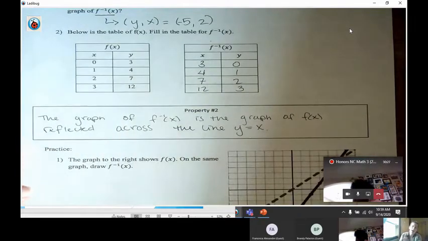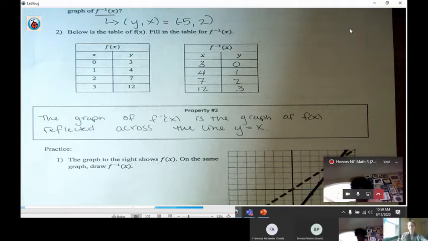Okay, so it's talking about the graph, and we're just taking the original f of x graph, we're reflecting it over the line y equals x. So we're still flipping all the points when we do it. Okay, this is just kind of like the visual representation of it.